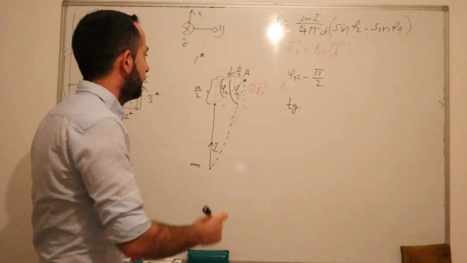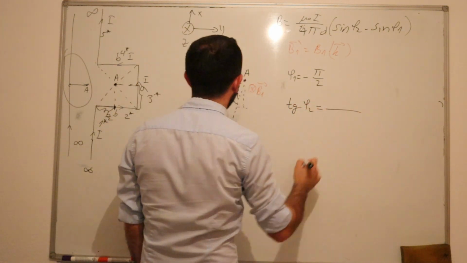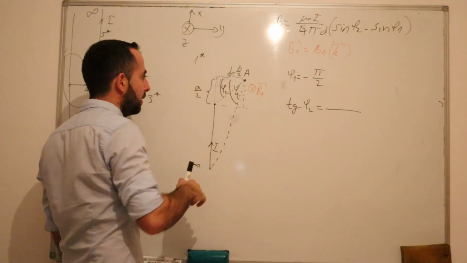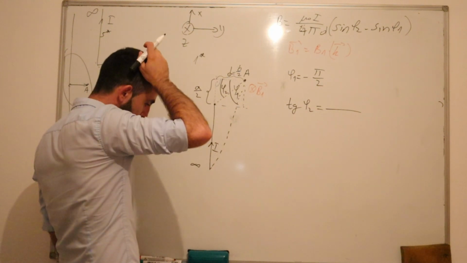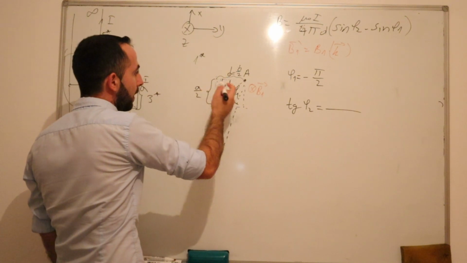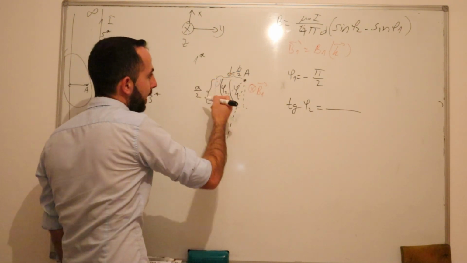The tangent of angle phi2 is sine over cosine. Sine of this angle is opposite over hypotenuse, so opposite is A and a half.